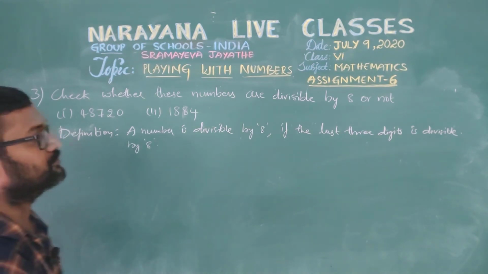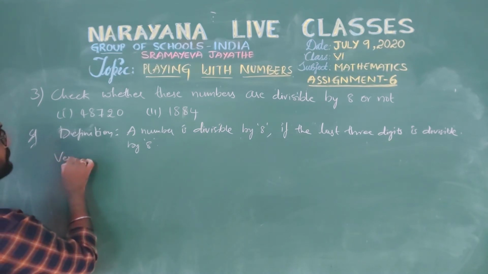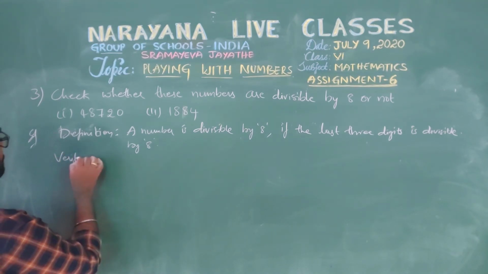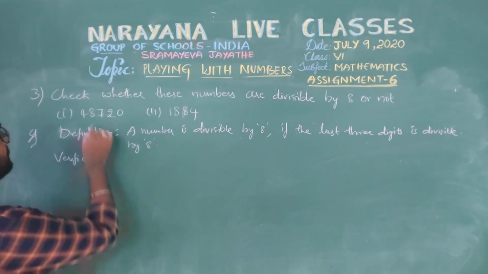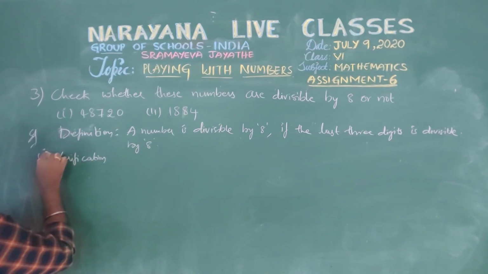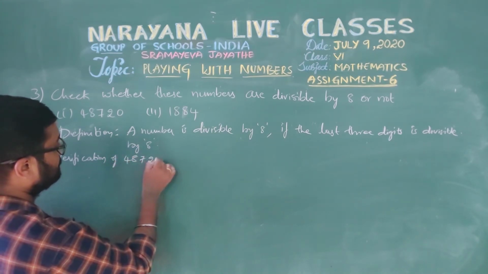Then the number is divisible by 8. So, verification. The first number is like this. Verification of 48720.